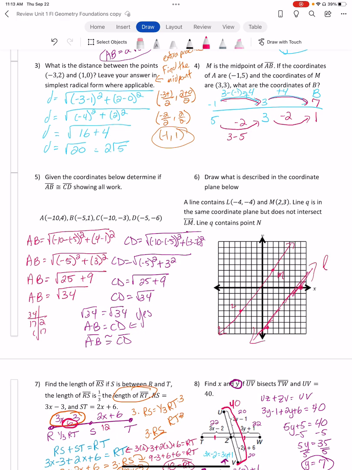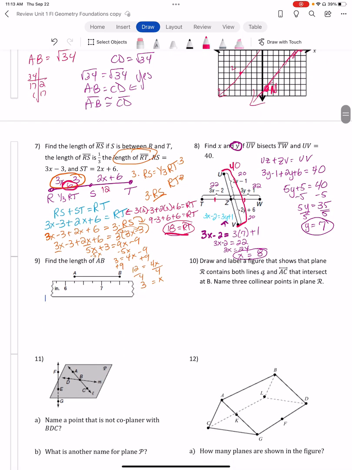And the other part of our drawing is that, so here's our line Q in cursive, and it contains point N. So point N could just be a point on that line. So again, all you have to do is draw two lines. They don't intersect, so they're going to be parallel. And point N is on line Q somewhere. So just kind of an interesting one.